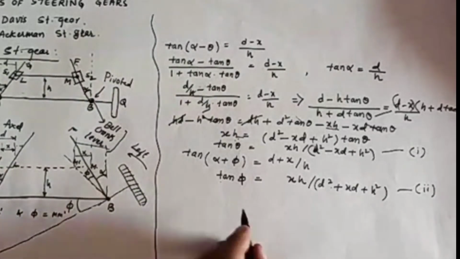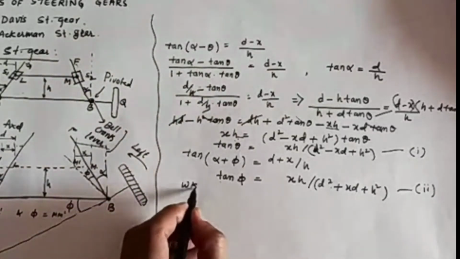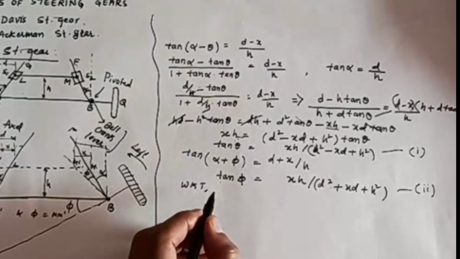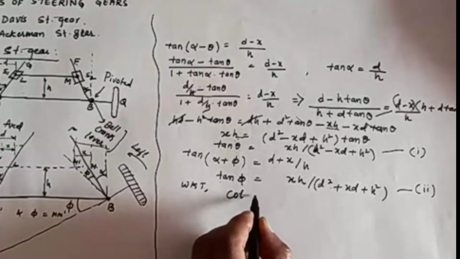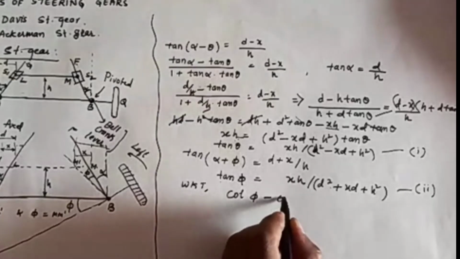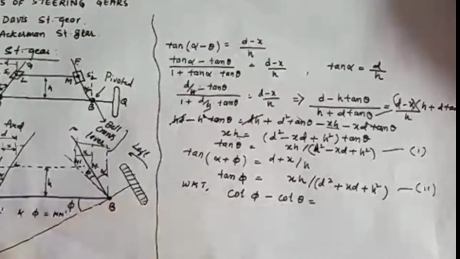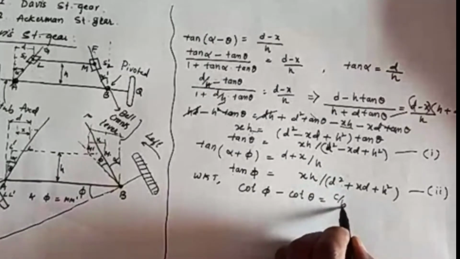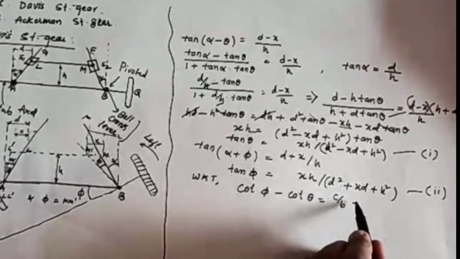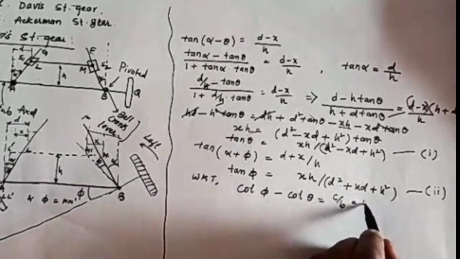After that, we know the fundamental equation for correct steering, that is cot phi minus cot theta. Cot phi minus cot theta is equal to what? In the previous class, it is C by B, or in other textbooks it will be taken as W by L. So what is C?